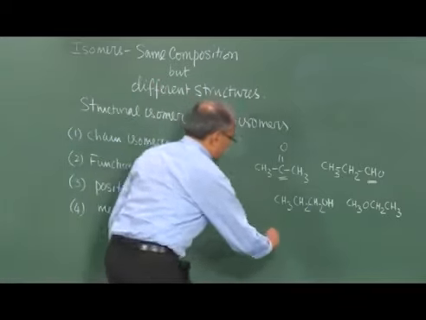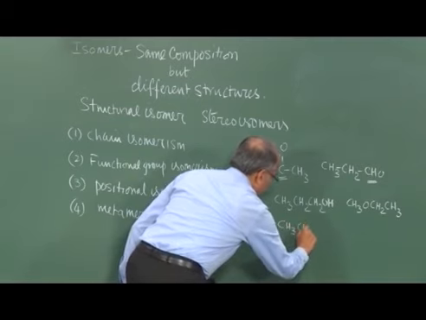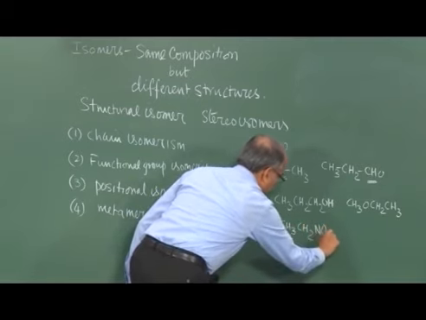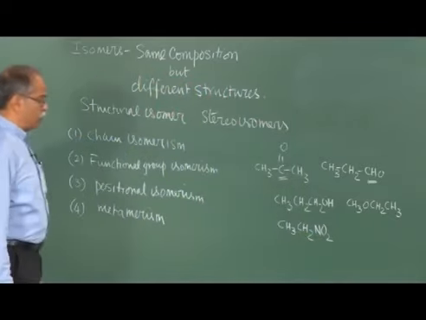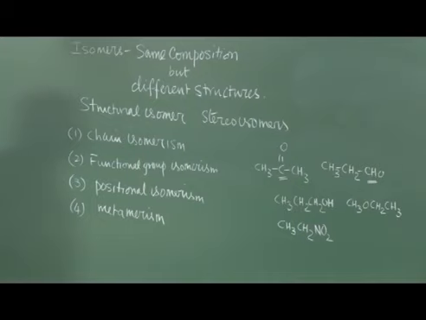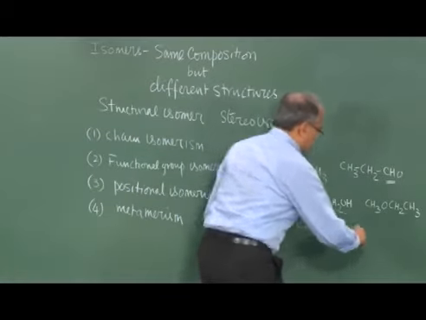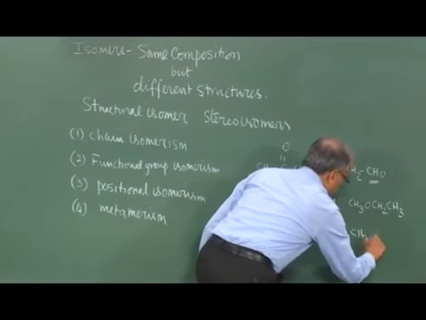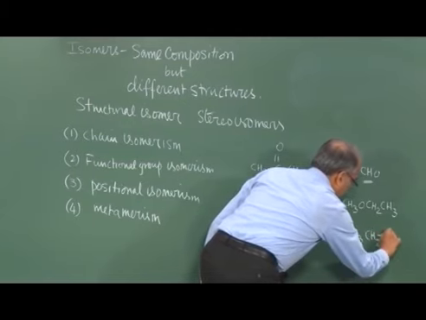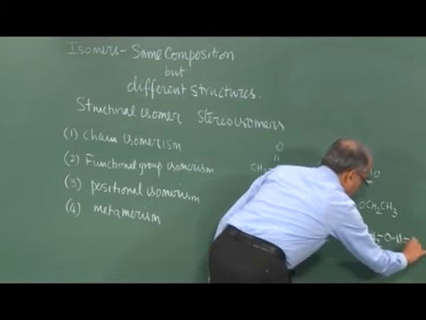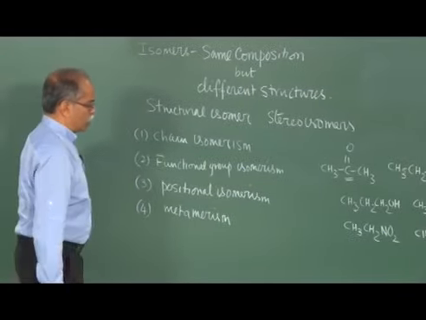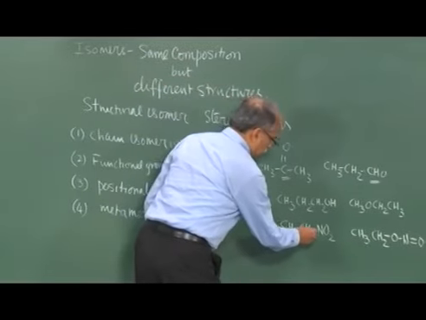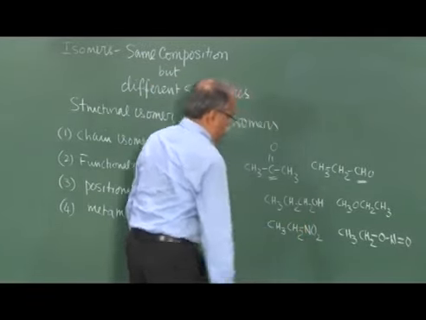One more example I can give. This is nitroethane. This functional group is called the nitro functional group, NO2, and this is the structure of nitroethane. Nitroethane can have an isomer where the connectivity is different between the functional group and the carbon to which it is connected. In the nitro compound, the connectivity is between carbon and nitrogen.